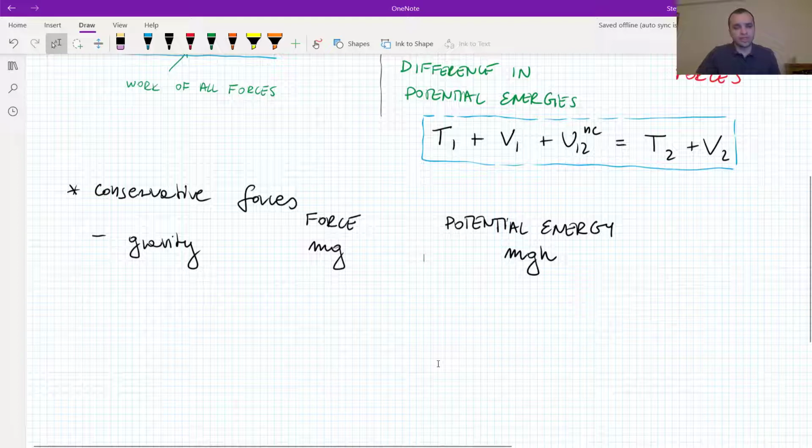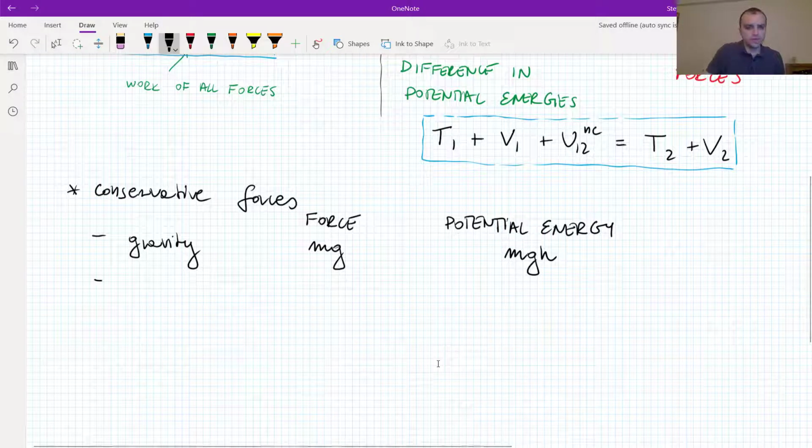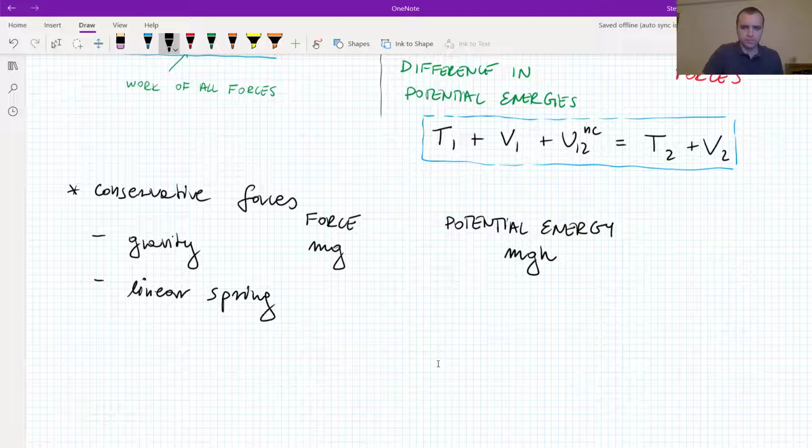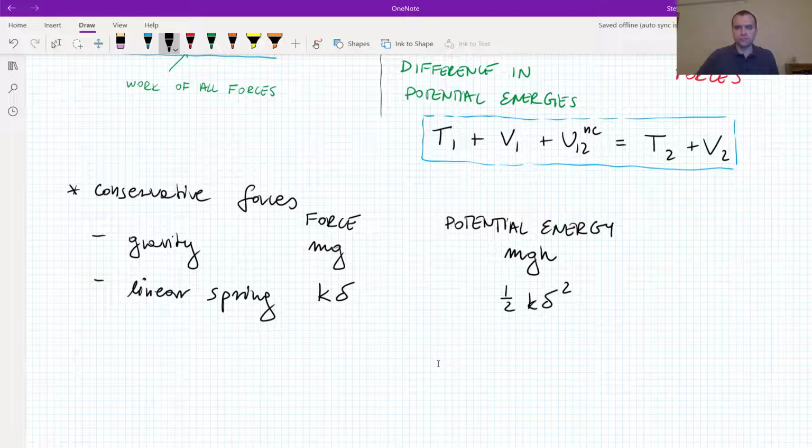Another example of a conservative force is a linear spring. The force associated with such a spring is k delta, and the potential energy is 1/2 k delta squared. In this course, you can also run into cubic springs.